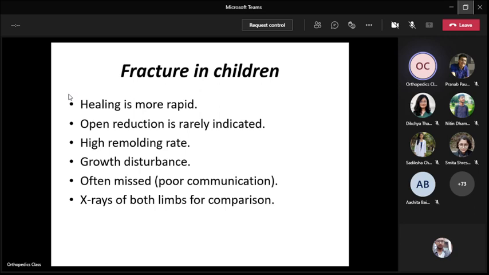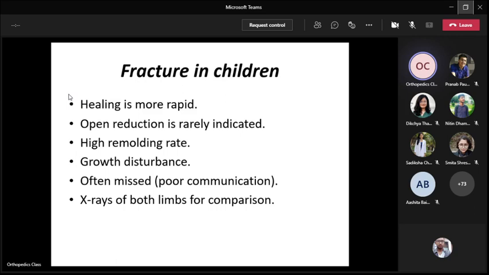Why? Because there is a high remodeling rate. As the growth increases, the bone increases in height. With remodeling, even a deformed bone can look normal when the child attains skeletal maturity.